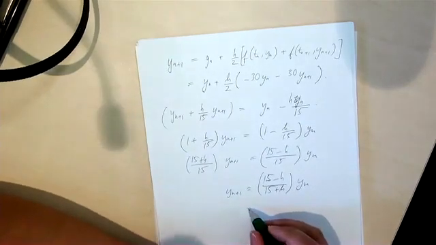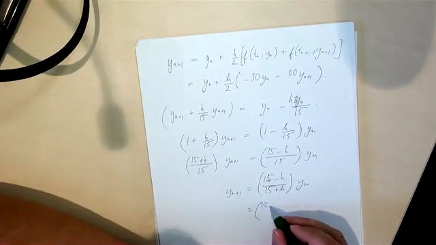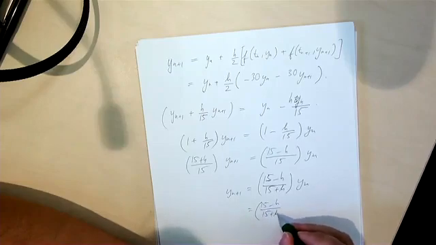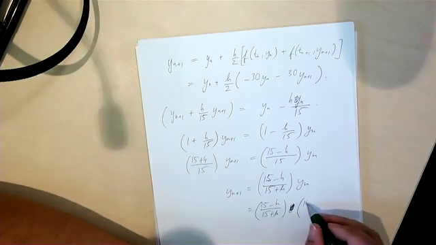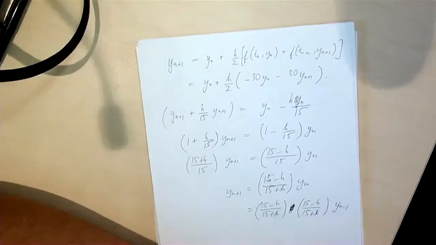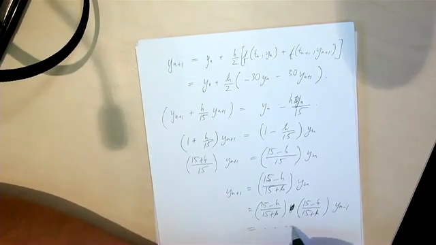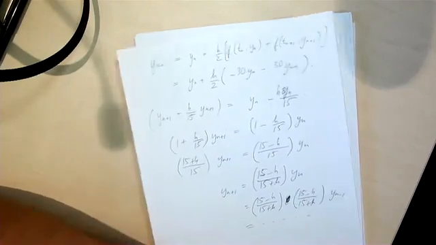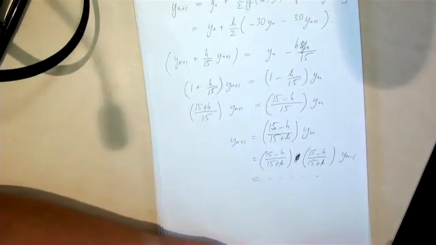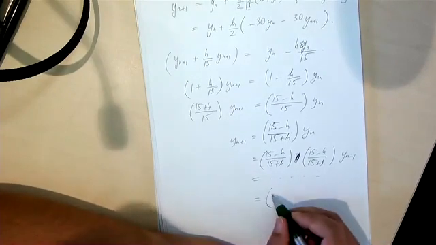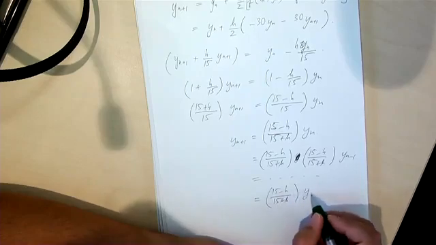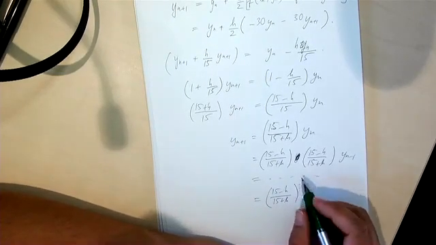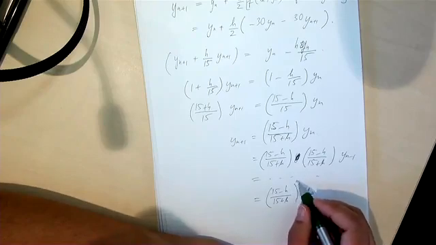So by induction, this one will be 15 minus h over 15 plus h, times 15 minus h over 15 plus h, yn minus 1, and so on, yeah? Okay? And when you stop at y0, then you got 15 minus h over 15 plus h, y0 to some power. So the power should be n plus 1, yeah? So n plus 1.